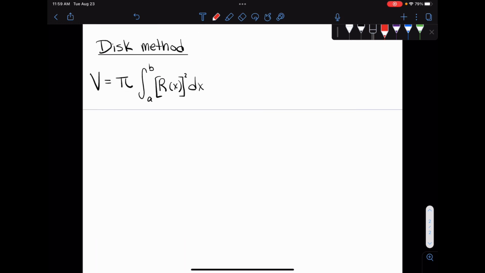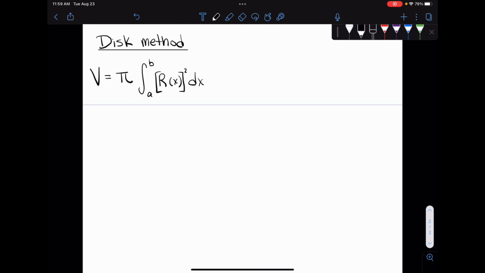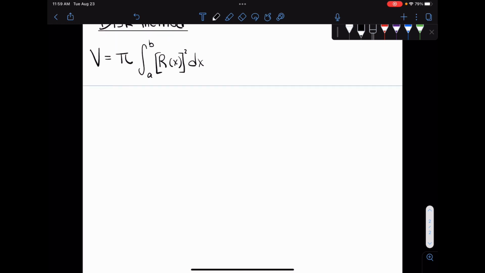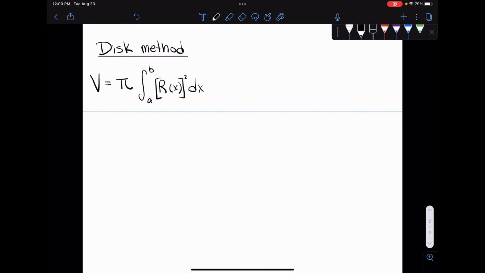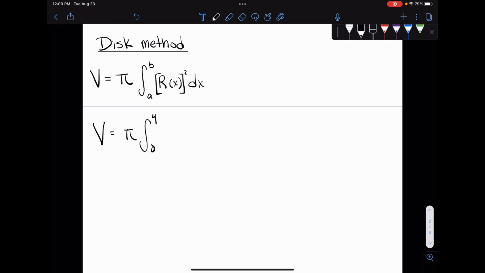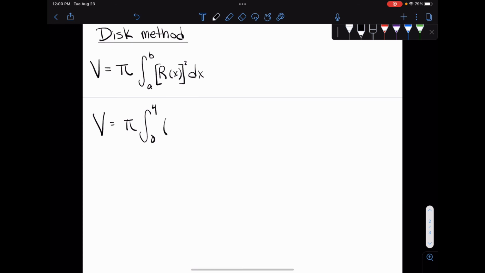What we need to know is this is the formula you're going to start with for a disk method problem. Pi times the integral of your function you're trying to resolve, squared, and then your variable is the variable that's dependent on that function. So for this problem, you would just have V equals pi. You're resolving from 0 to 4 in x, and our function is root x, squared, dx.